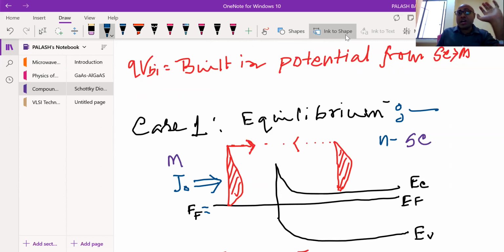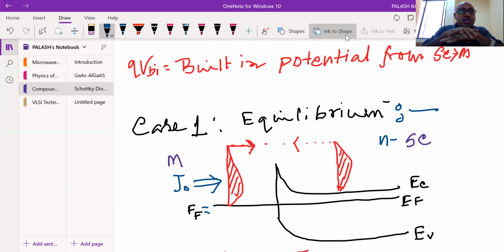Now you define that J0 in such a manner. Why J0? That will be clear immediately. I am telling you J0 is the current from metal to semiconductor, number one.